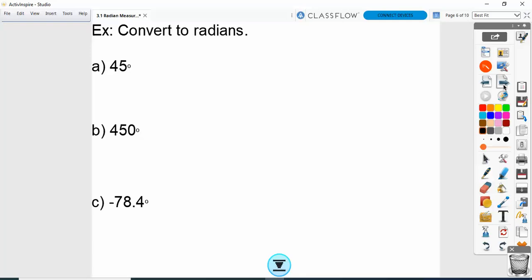Okay, so if I want to change 45 degrees into radians, we've done unit conversions before. I might say we have 2 revolutions per minute. And if you wanted to change that into seconds, what did we do?